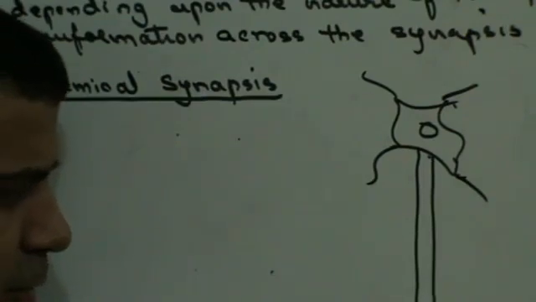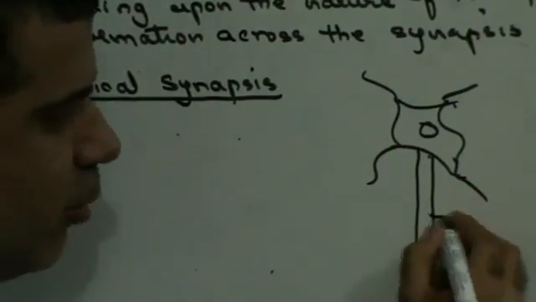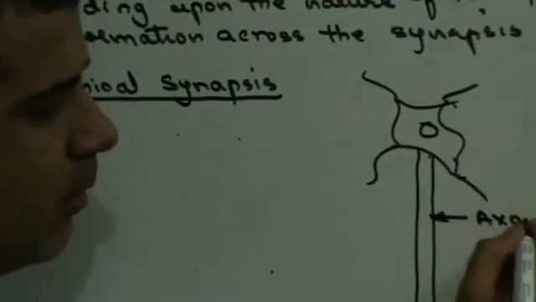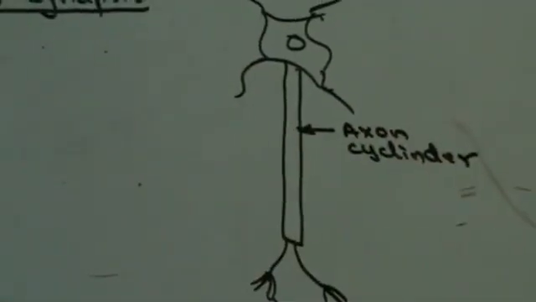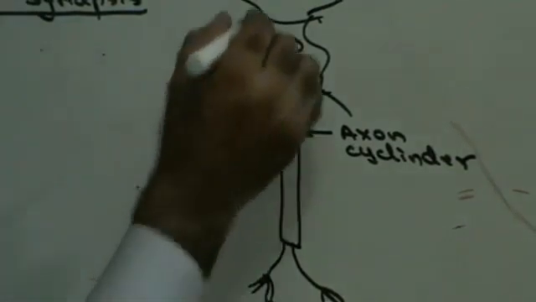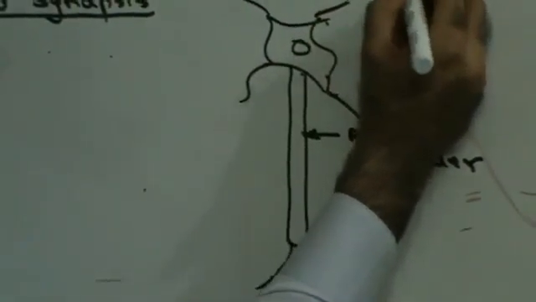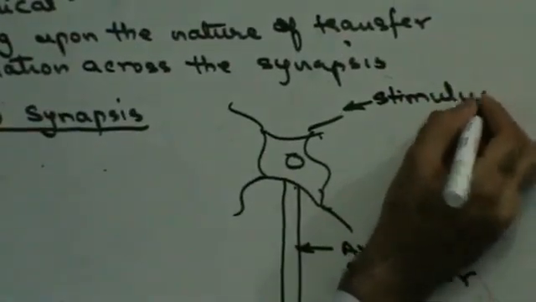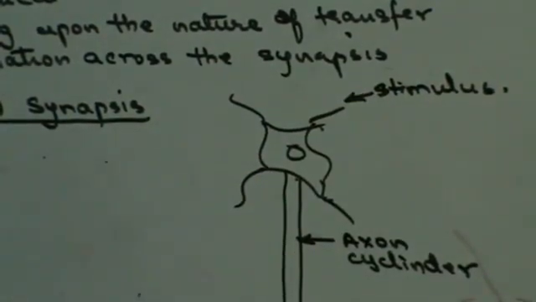This is my axon cylinder, and this is where you are going to have the stimulus. Now I'm going to see how the stimulus will pass using these nerve fibers.